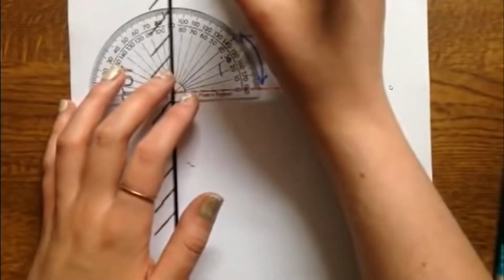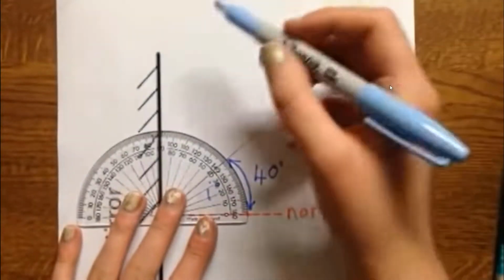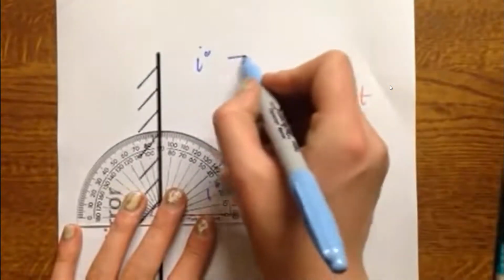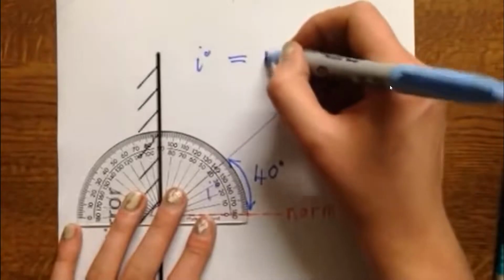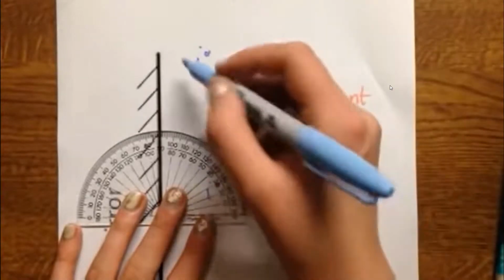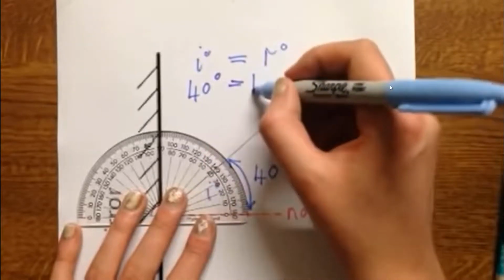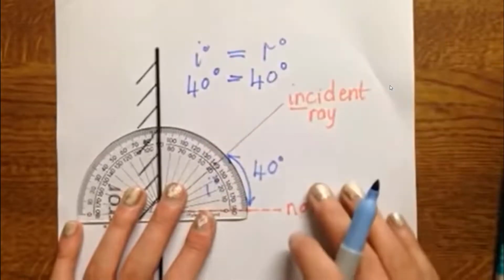The law of reflection is that the angle of incidence we've just drawn is always equal to the angle of reflection. So that means 40 degrees for the angle of incidence, 40 degrees for the angle of reflection.